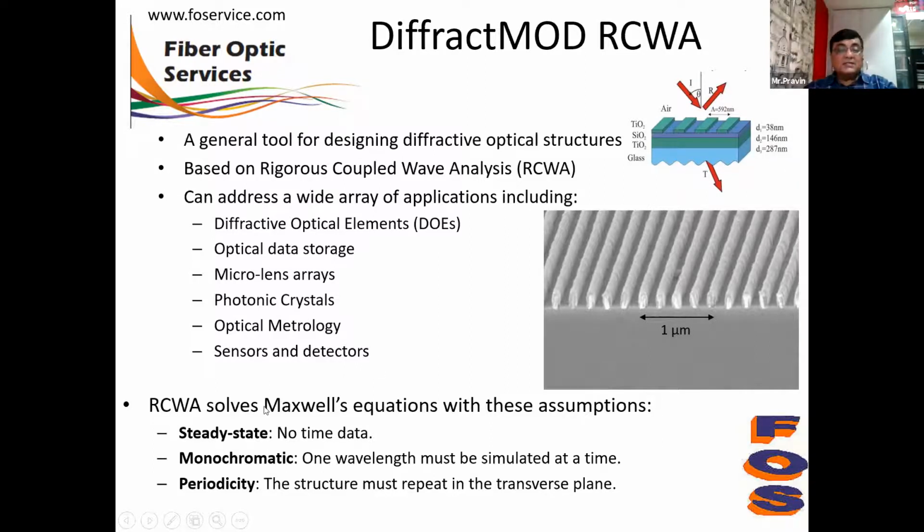RCWA solves the Maxwell equations with the assumption that it's a steady state, so there is no time data. It's monochromatic, meaning one wavelength at a time, and the structure is periodic.